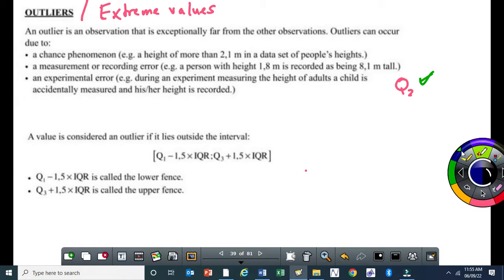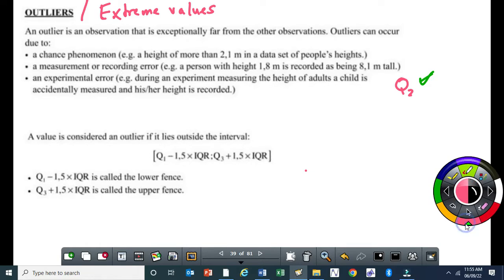So Q3 and Q1. If you don't have the calculator which can determine the quartiles for you, then you have to do it manually. If the data set is not arranged in order, you start by arranging it yourself, then you determine your Q2, your Q1, and your Q3.